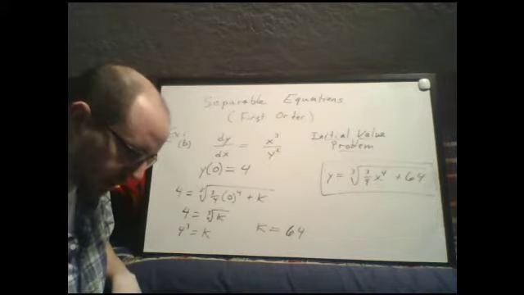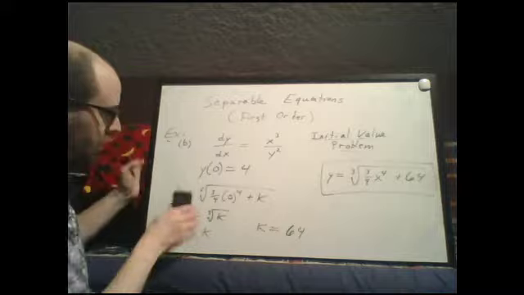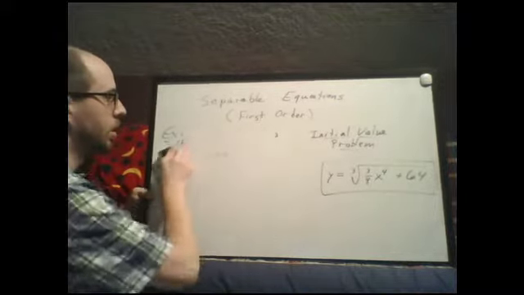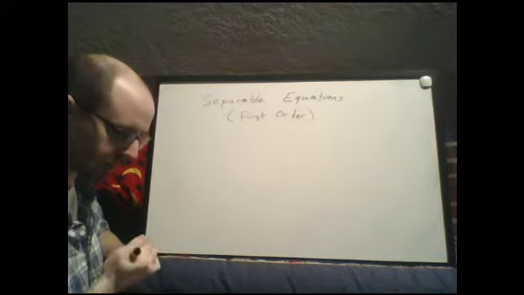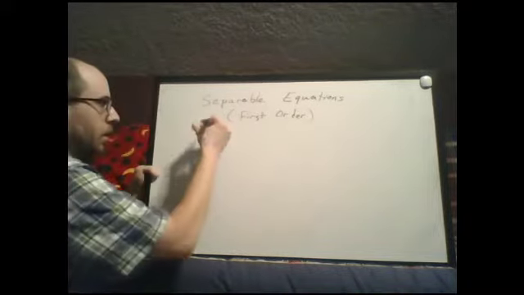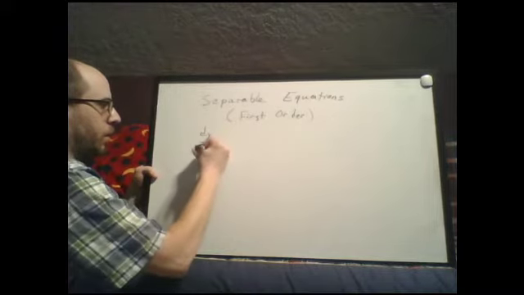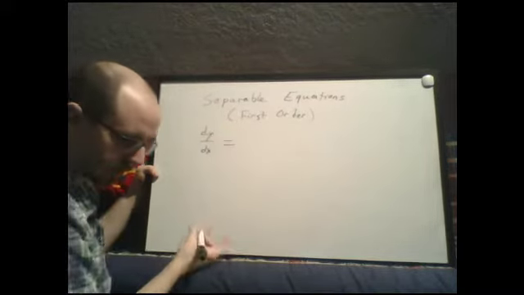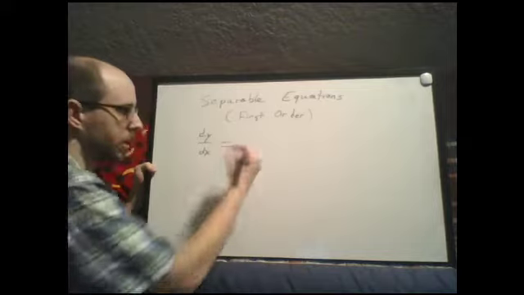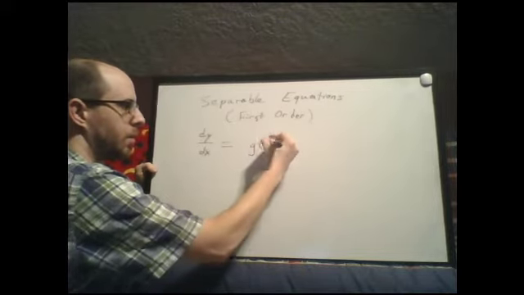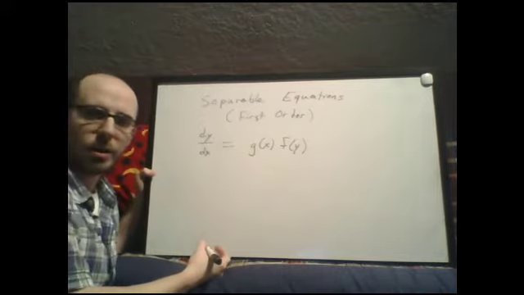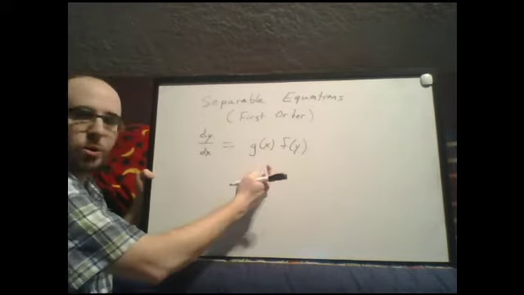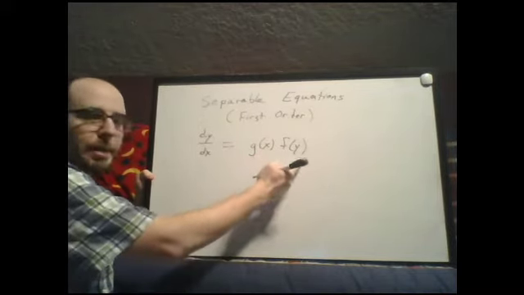All right. So let's define more specifically what a separable equation is. This would be an equation that can be written like this: dy over dx equals a function of x times a function of y.